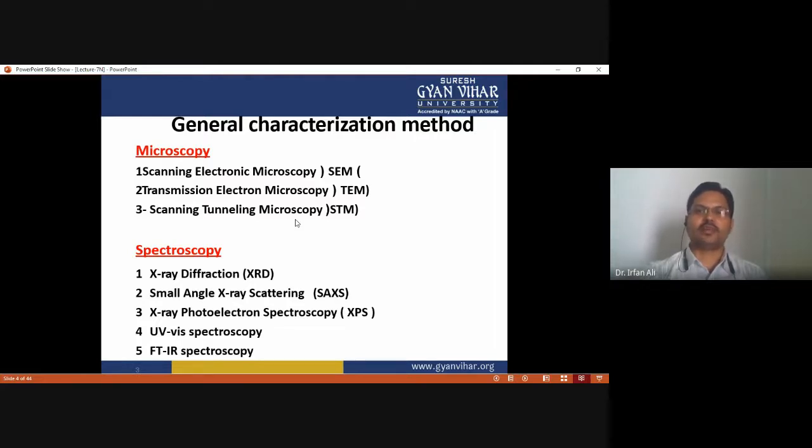The spectroscopic techniques include XRD, that is X-ray diffraction, small angle X-ray scattering, X-ray photoelectron spectroscopy, UV visible spectroscopy, and Fourier transform infrared spectroscopy.